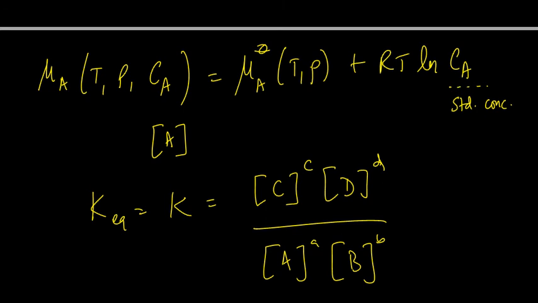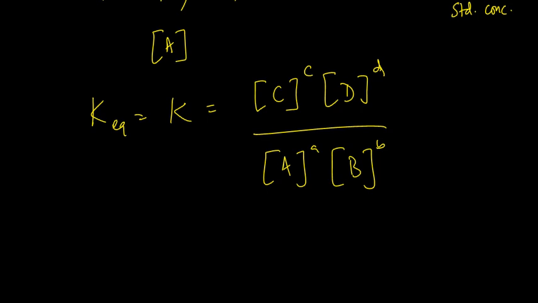If we have such a state, then the chemical potential of the solid in the mixture is equal to the chemical potential of the solid as it would be in the pure form. The chemical potential of the liquid in the mixture would be the chemical potential of the liquid in the pure form. But in case of gases, of course, the chemical potential of the gas in the mixture would be equal to the chemical potential of the gas in the pure form plus RT log PA or RT log PB and so on.